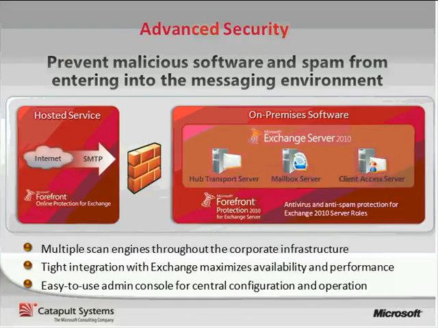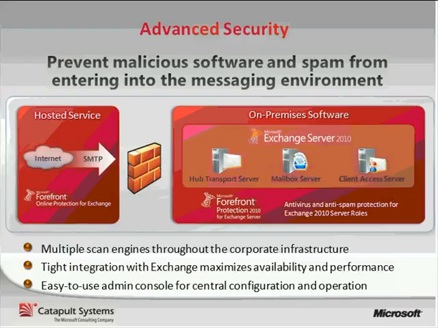We can prevent malicious software and spam from entering into our messaging environment throughout the environment, and this should be done at multiple levels. Microsoft has embraced this quite strongly. Whether we use a hosted service or we use a black box device, like an IronPort or something, before email even gets to our environment, before it goes through our firewall, we'll scan it there. We can have on-premises software scanning at the different levels.